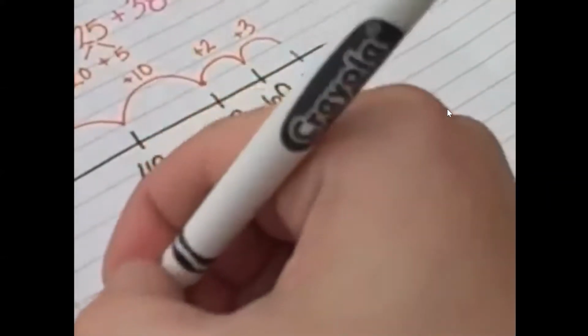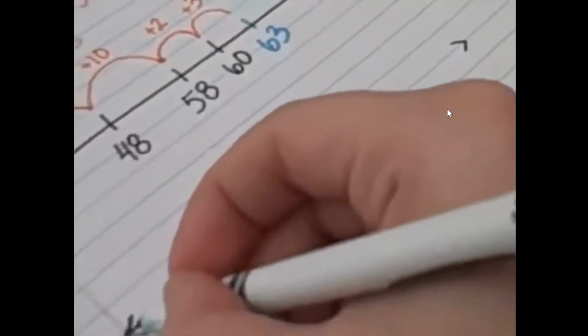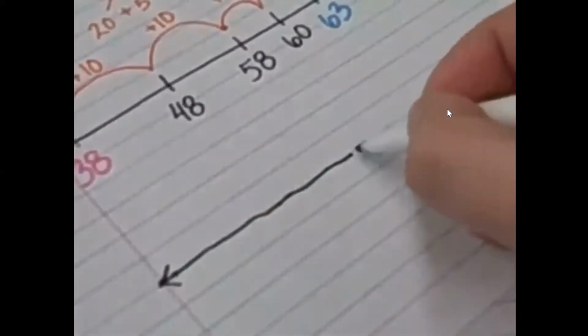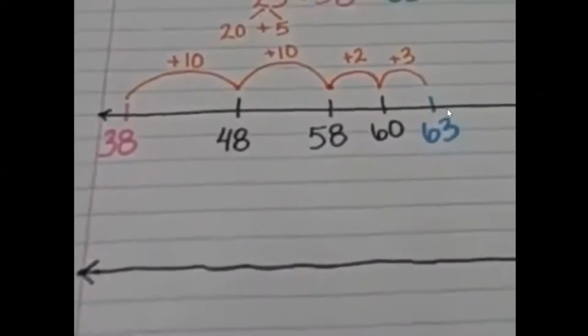I'm going to draw out my number line again. Okay, I'm going to start at 25 this time.